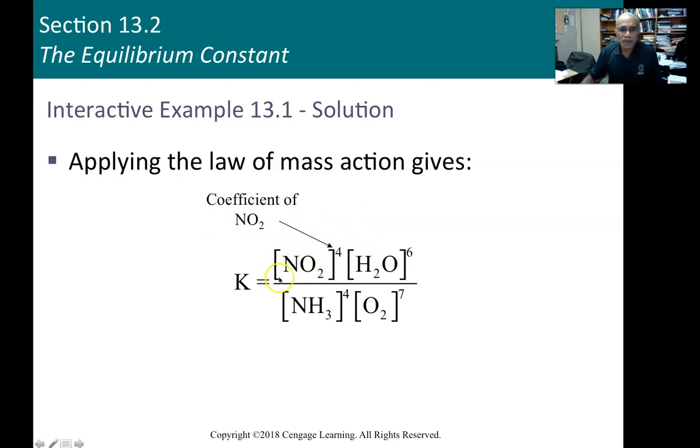Okay, so NO2 is the product, that's coefficient 4, and water is the second product, and that is the coefficient, which is 6. So the reactants raised to their various coefficients. So that is the equilibrium constant relationship. So those are the definitions of the term.